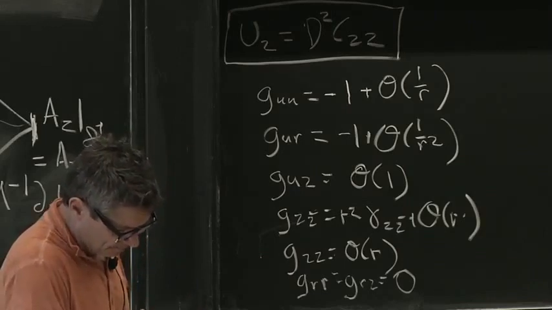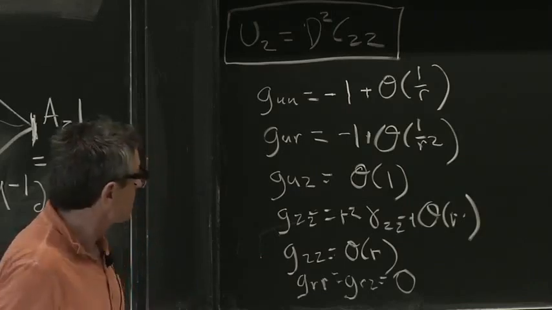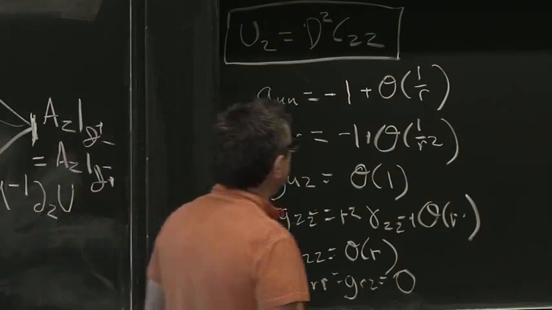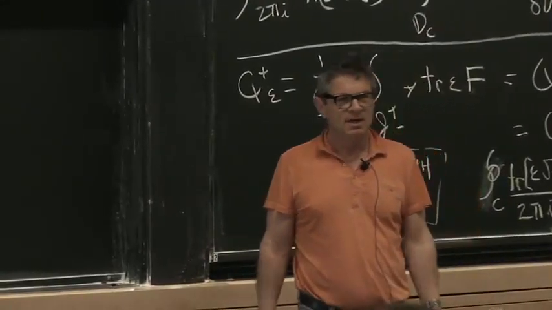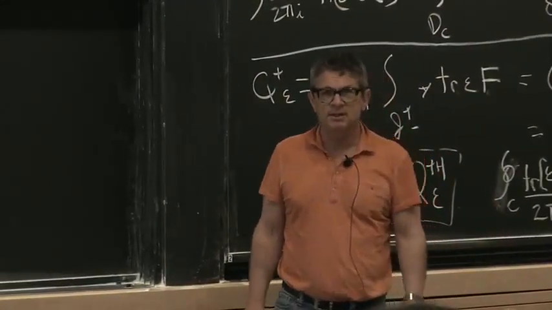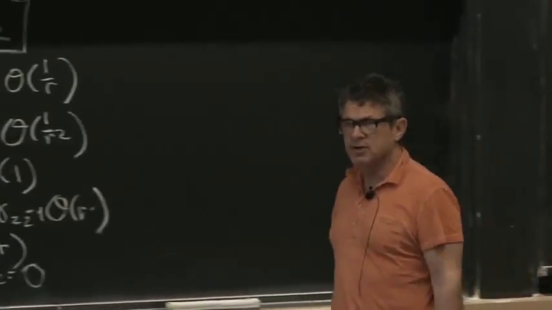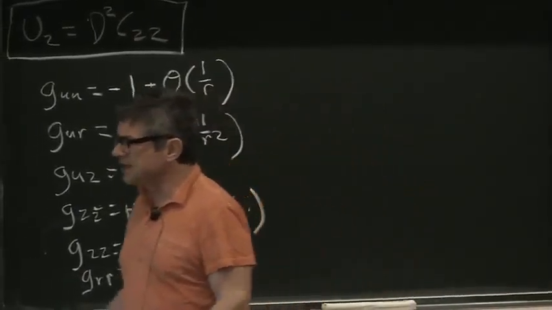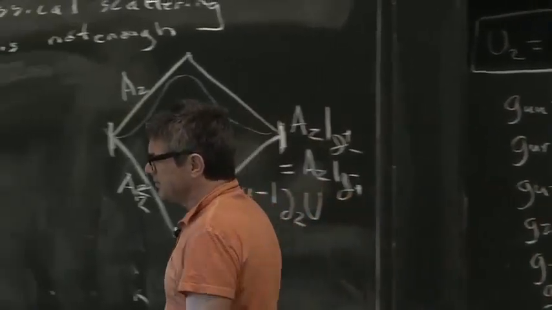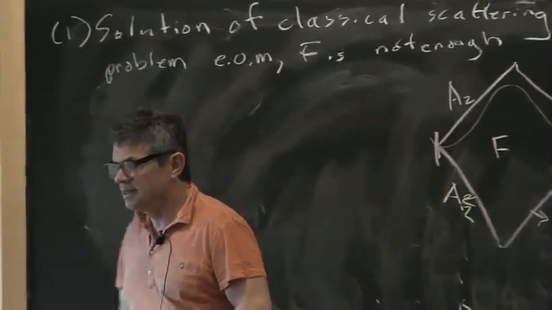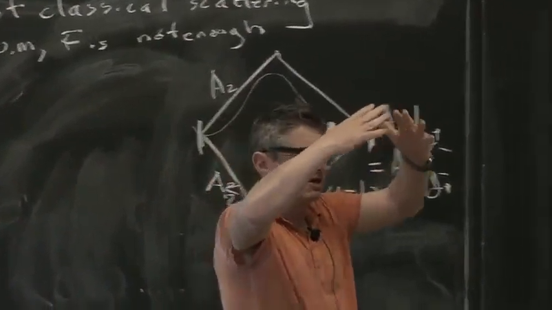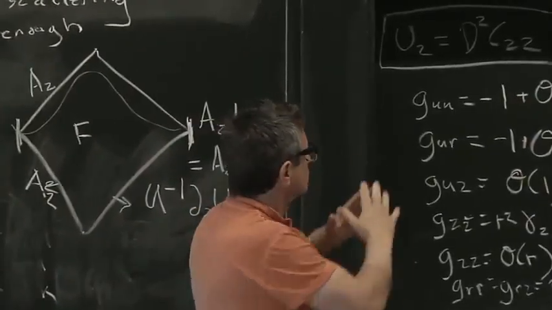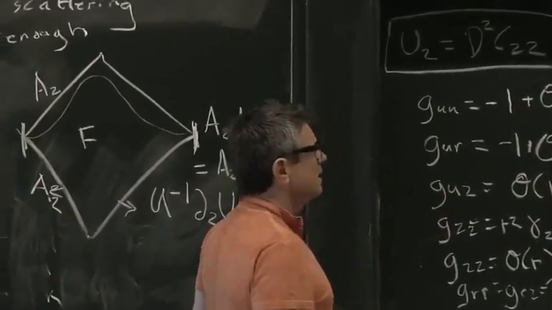Now, so far, I haven't said in this discussion the word Einstein equation. I haven't imposed any equation, including the constraint equations. This is just the statement about metrics that at very late retarded times at null infinity are flat. So we can describe them in this way.